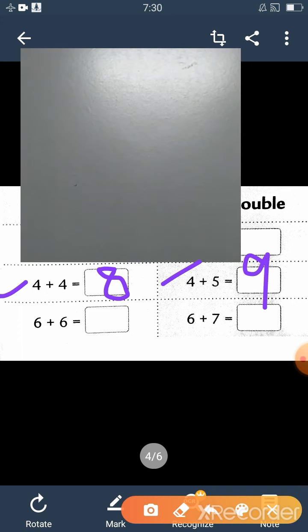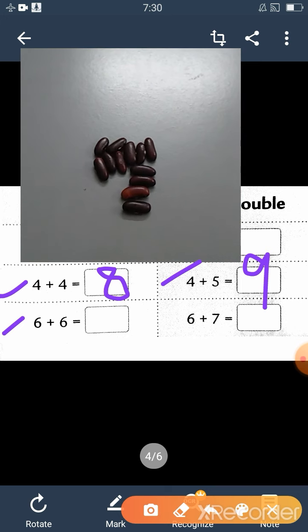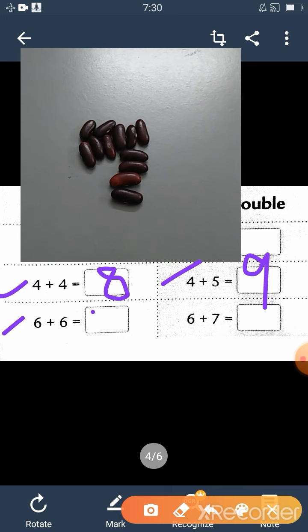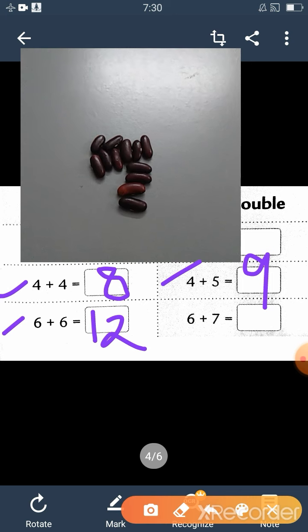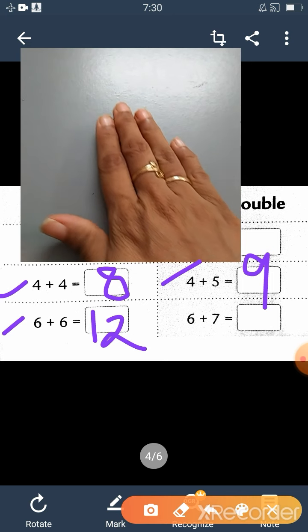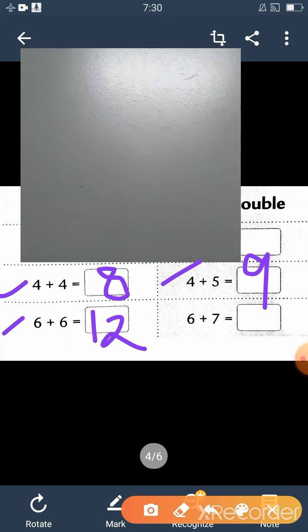Now let us solve the next question. Here they are saying 6 plus 6. So we know 6 plus 6 is 12, isn't it? So now they are asking us how many will be 6 plus 7.